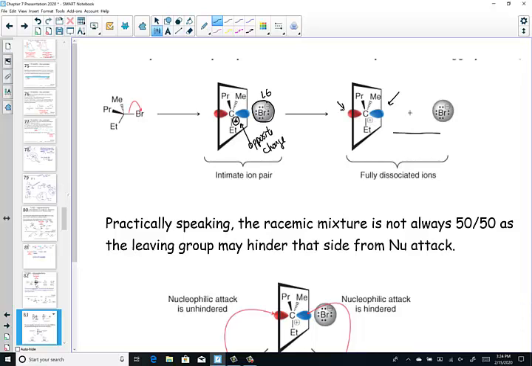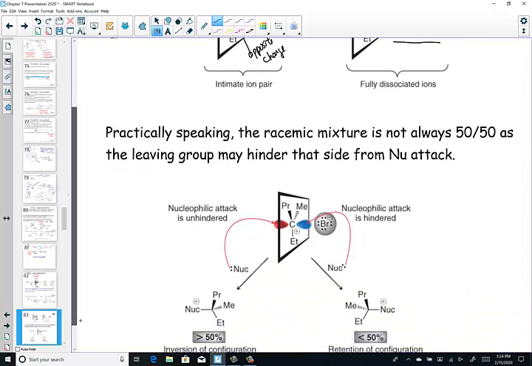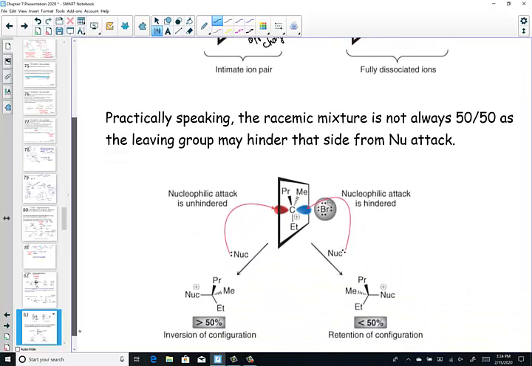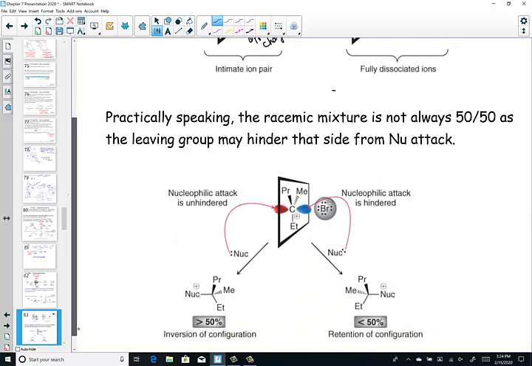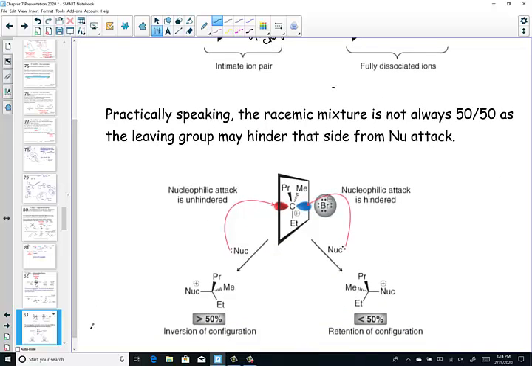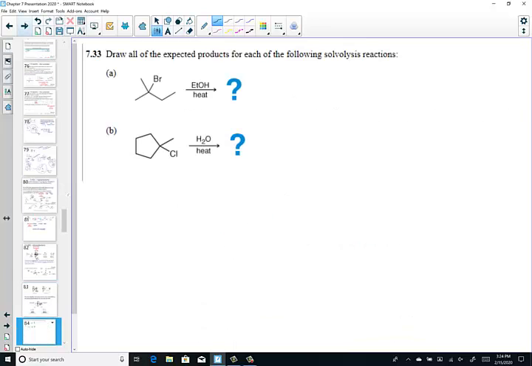So depending upon the distance between the leaving group and the carbocation, if the bromide is still staying close to that carbocation, it's inhibiting this particular attack. And so you could find less than 50% of that configuration and maybe a little bit greater of this configuration, where unhindered attack is available. So just something to consider about carbocation intermediates.